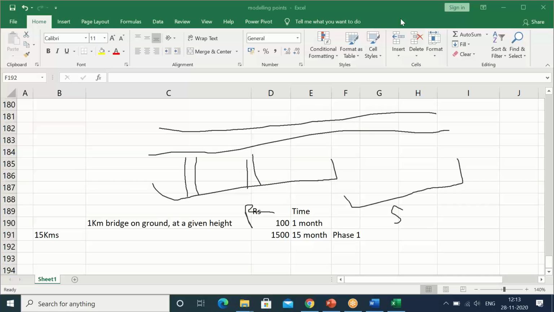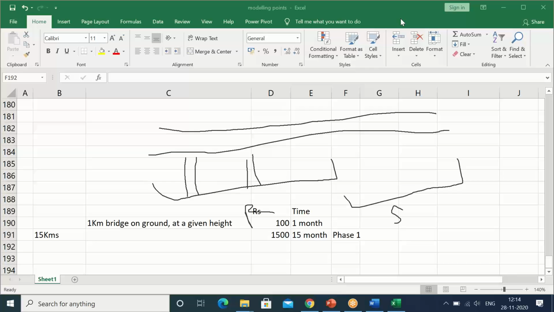Hello? Yeah, answer. Yes, again, please explain the whole concept again. So this 1 kilometer bridge at a given height is going to cost 100 rupees and a month. And if it's a 15 kilometer stretch, then we're multiplying this with 15. So 15 rupees is for one phase, like the beginning phase.